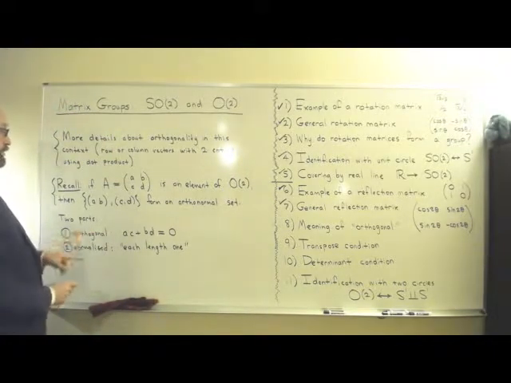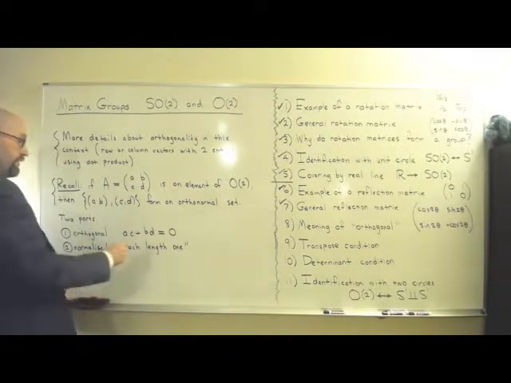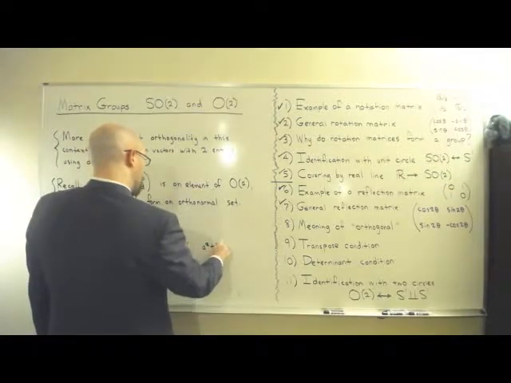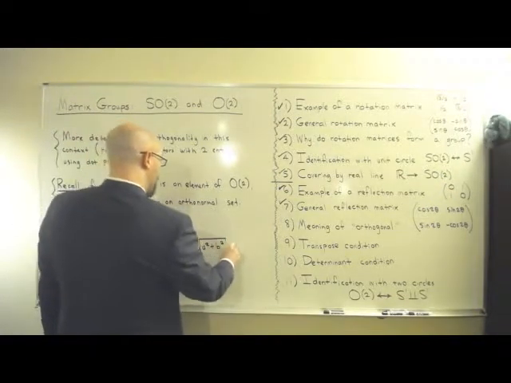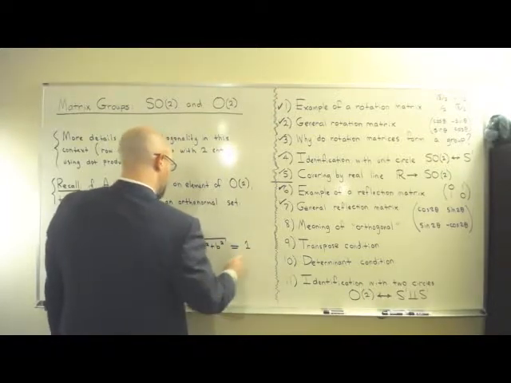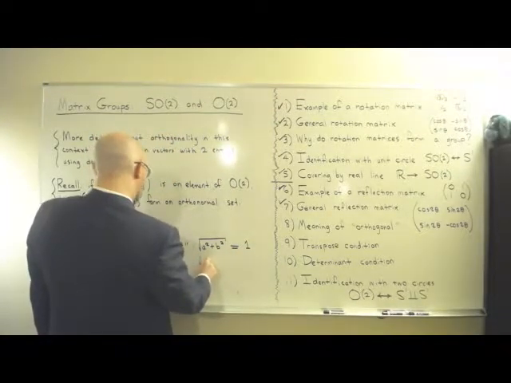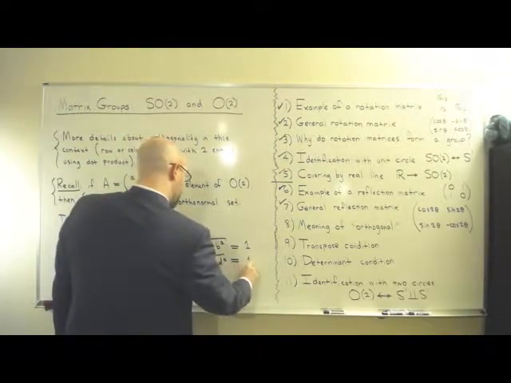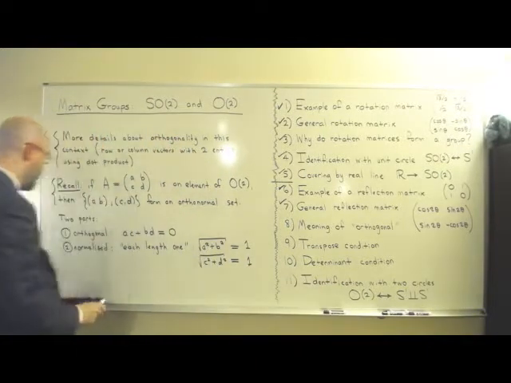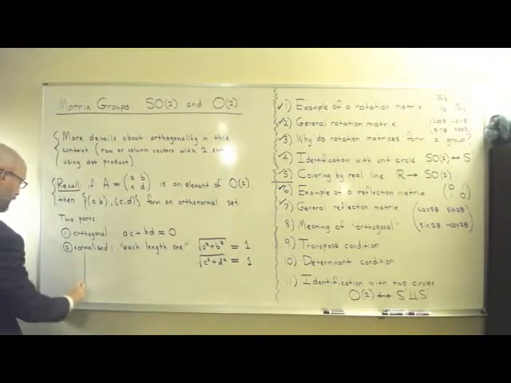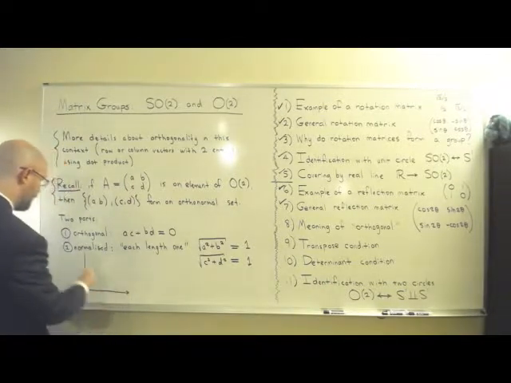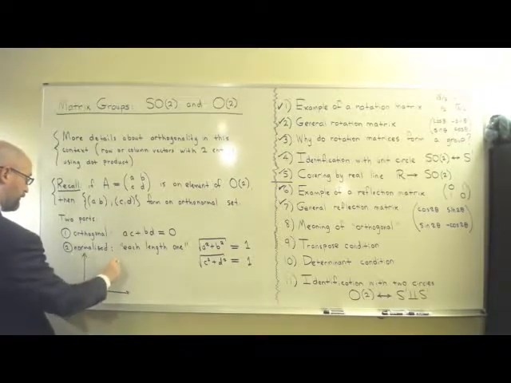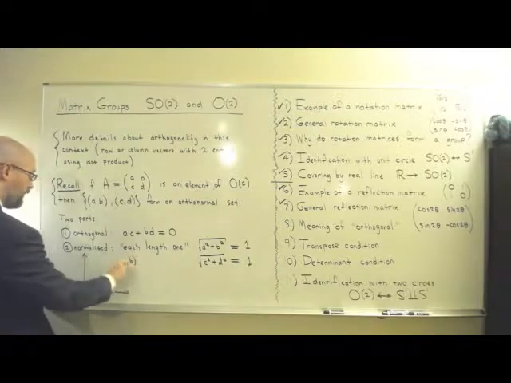Now, what the length will be would be using the Pythagorean theorem. So this would say a squared plus b squared, well, the length is really the square root of that, equal to 1. And then this would say the square root of c squared plus d squared equals 1. Say I have a coordinate system here, and I'm running out of room, but say here's my row vector AB.